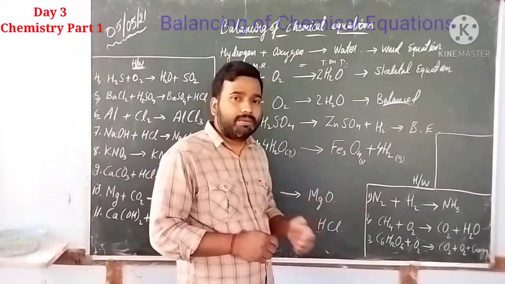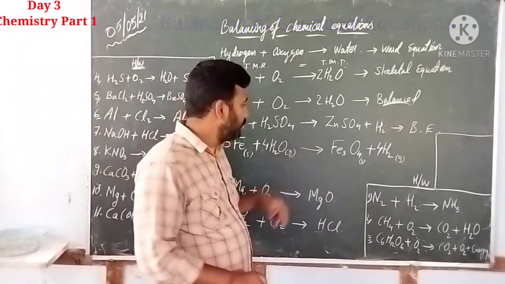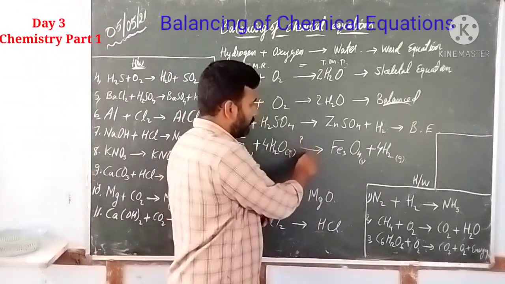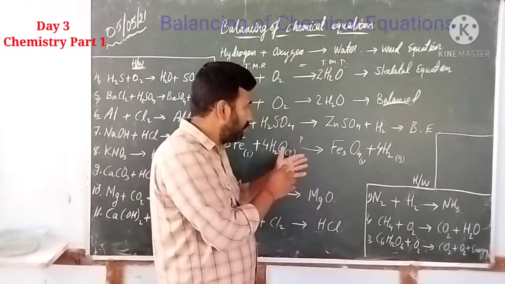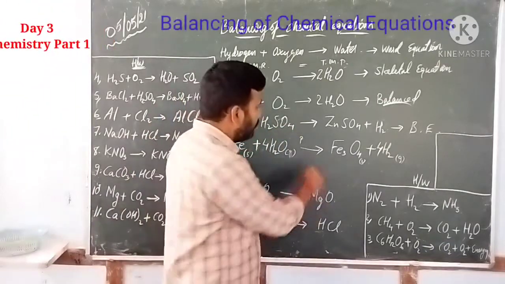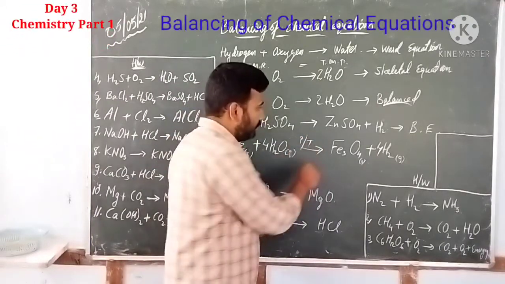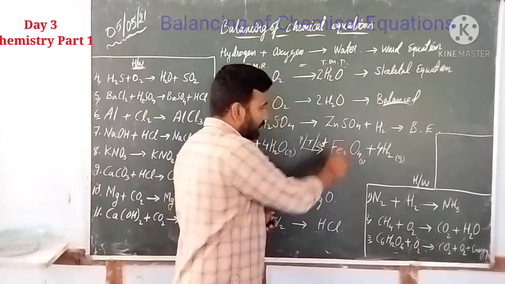So that can also be represented over this arrow mark. Pressure can be represented in the case where gaseous reactants are participating in a chemical reaction. Then temperature, or the presence of a catalyst.